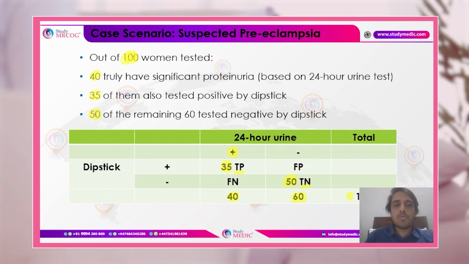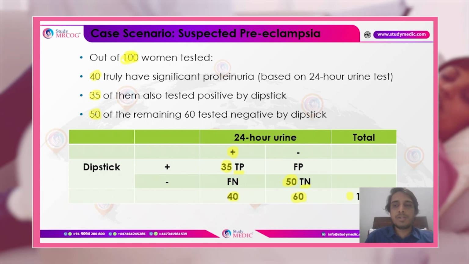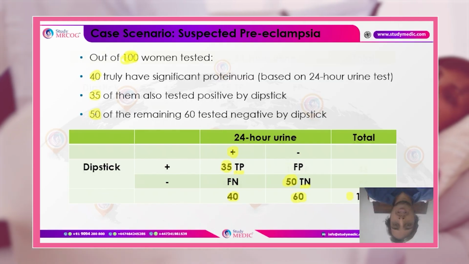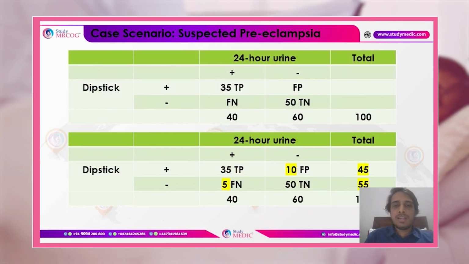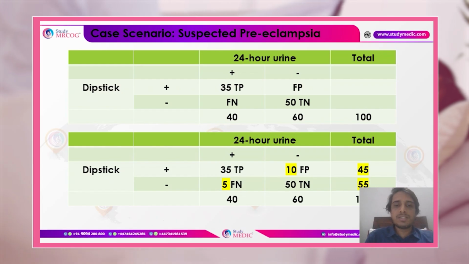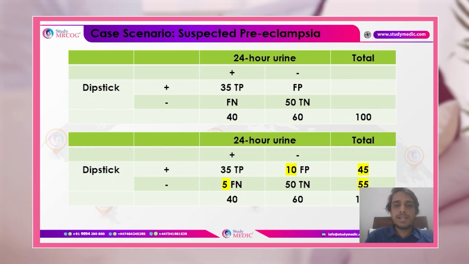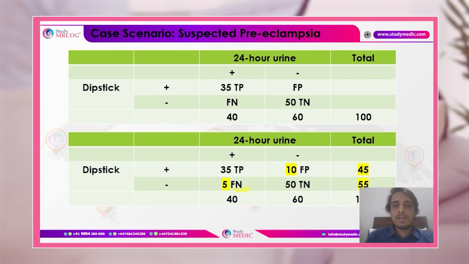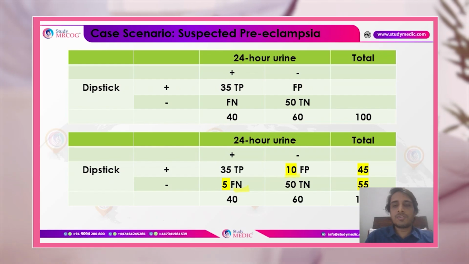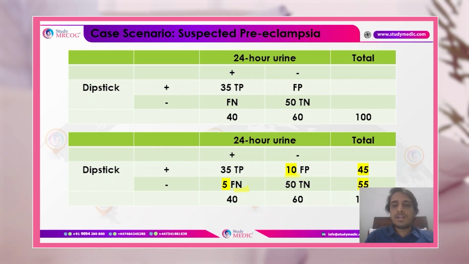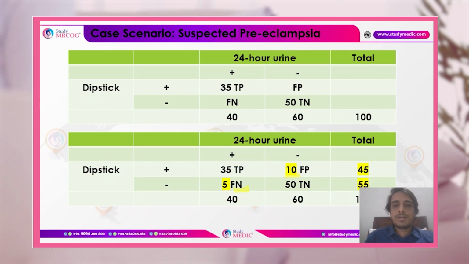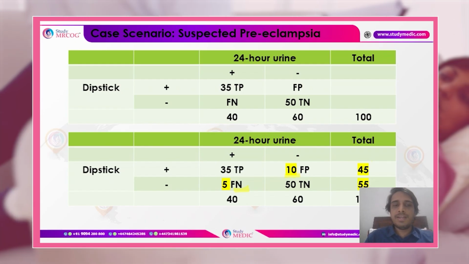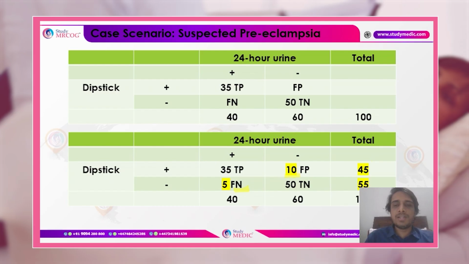Now we have filled the numbers in the 2 by 2 table, and we can fill the rest. So the remaining 5 is false negative and the remaining 10 is false positive. So 45 will test positive by the index test dipstick, and 55 will test negative by the dipstick.